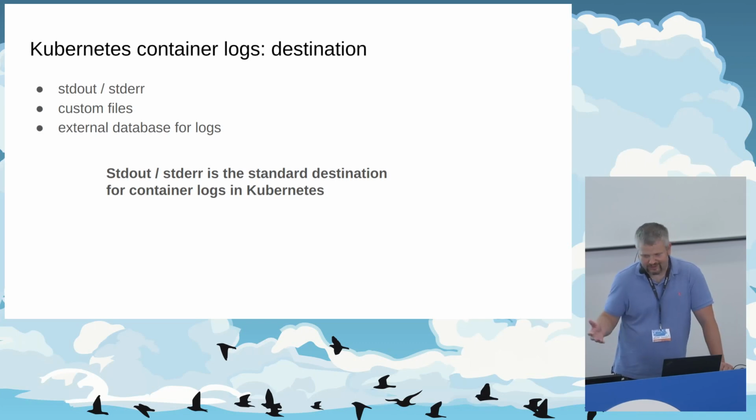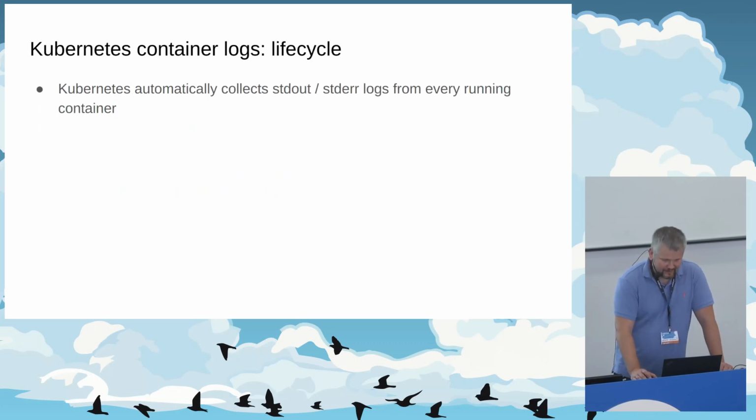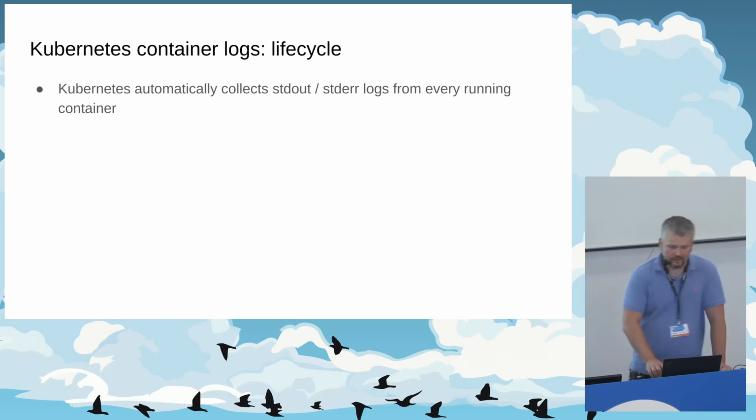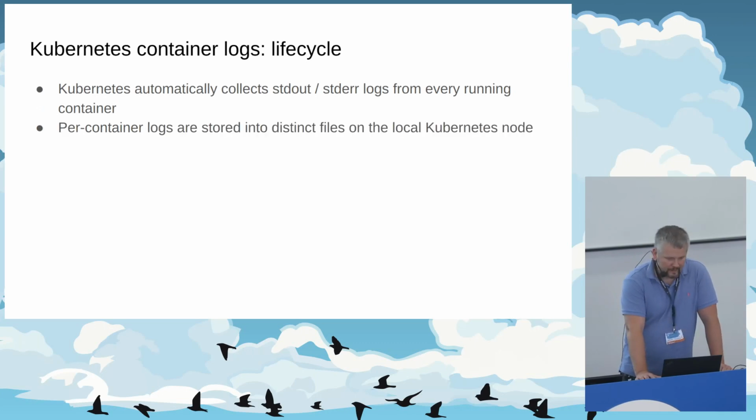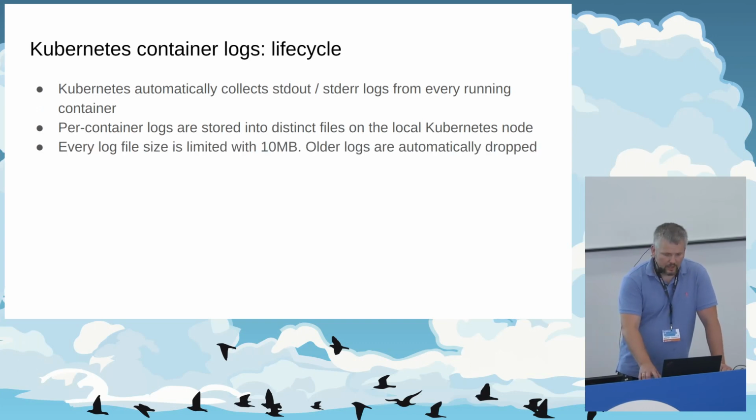How can these logs be investigated? Kubernetes automatically collects logs from stdout and stderr from every running container. It puts these logs into separate, distinct files on local Kubernetes nodes where this container runs. And every such log file is limited in size to 10 megabytes by default. So Kubernetes automatically rotates logs for you.